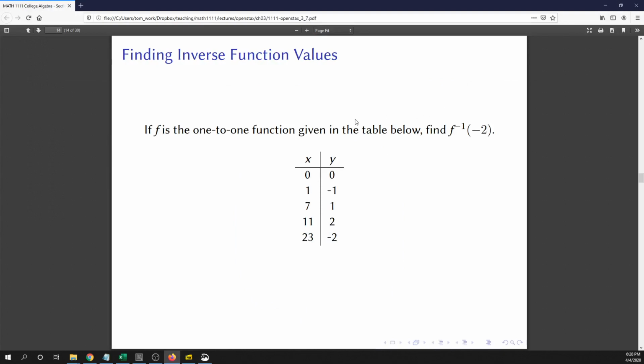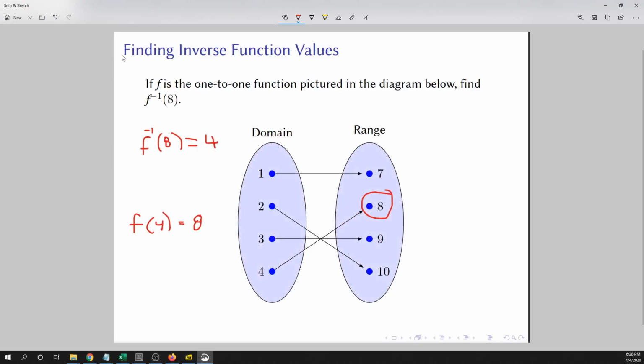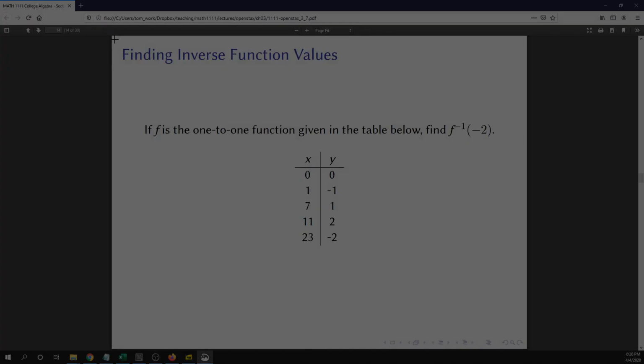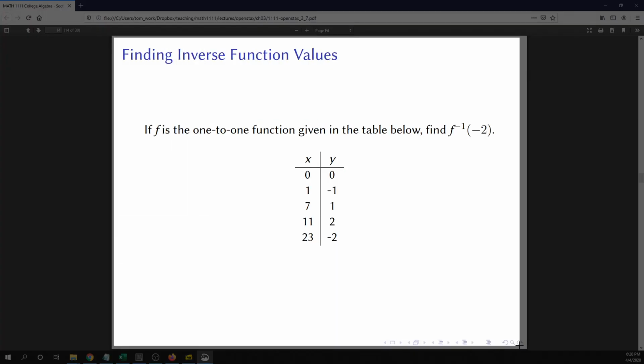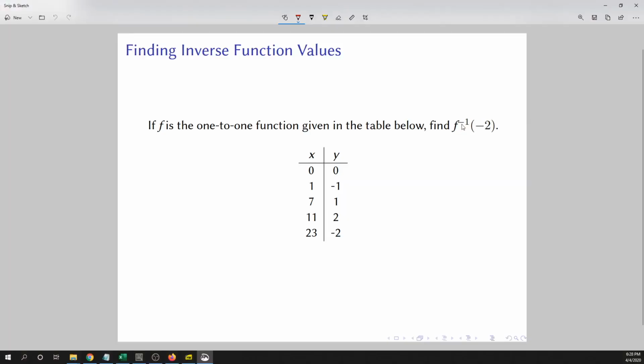All right, next is the table format. And again, this is really pretty straightforward if you have your function written in this format. What you would do is, we want to find f inverse of 2. So we would look through the output values. You find a 2, and there it is right here, and so that would be 11.